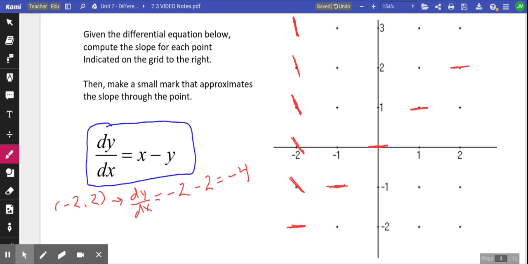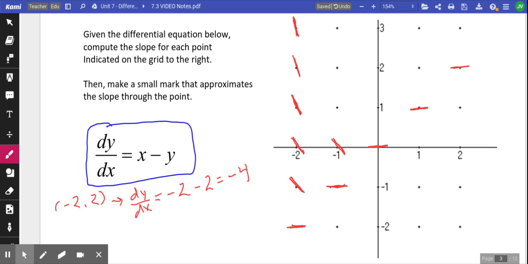So the key with these is to look for patterns and see if you can determine anything that might appear. Let's take a look at now diagonally -2, -1. The slope there was -1. And if we take a look at -1, 0, -1 minus 0 is also -1. So that same pattern kind of applies here as we move diagonally from lower left to upper right.